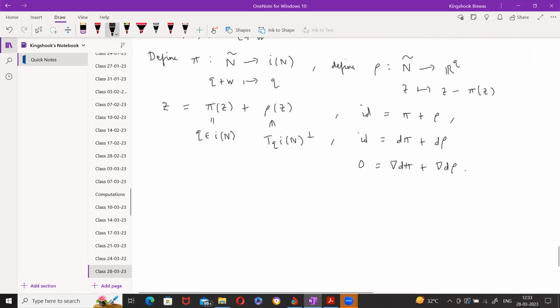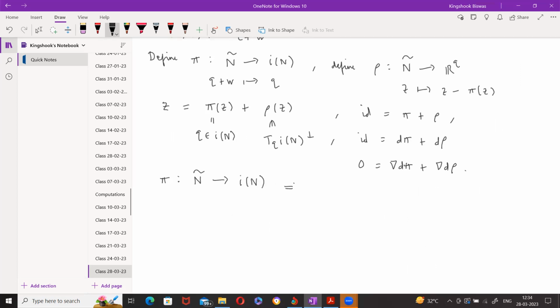Is it okay up to here? Now notice that pi goes from where to where? From N tilde to I(N), right?